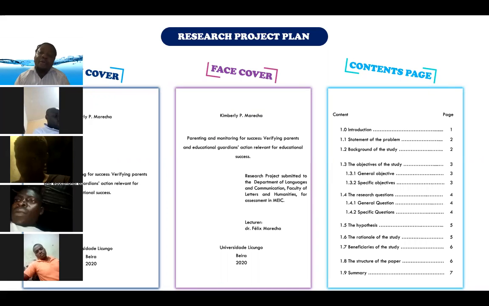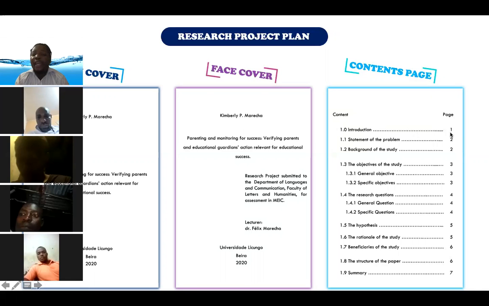So for example, you have here the word content on the left, and we have the word page on the right side. So the first item is item 1.0, and item 1.0 is your introduction. So your introduction is numbered 1.0, and it can be found on page 1.